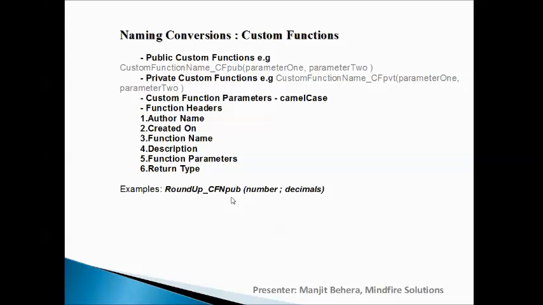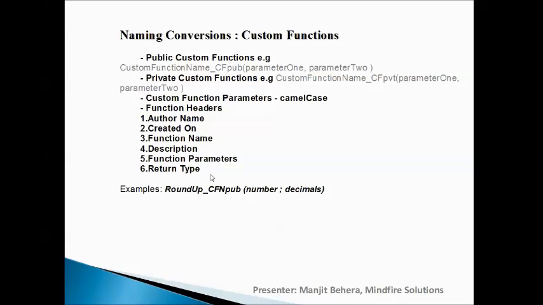For example, the name here, roundoff underscore cfn pub number decimals, signifies that this is a roundoff function accessible to the public. CF stands for custom function, and this N stands for the return type.